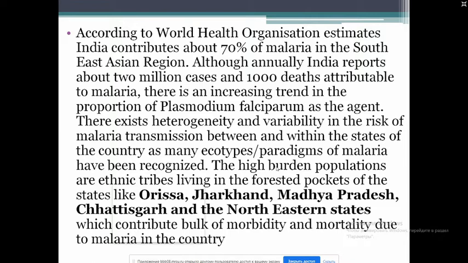The high burden populations are ethnic tribes living in the forested pockets of the state like Orissa, Jharkhand, Madhya Pradesh, Chhattisgarh, and the northeastern states, which contribute bulk of morbidity and mortality due to malaria in the country.